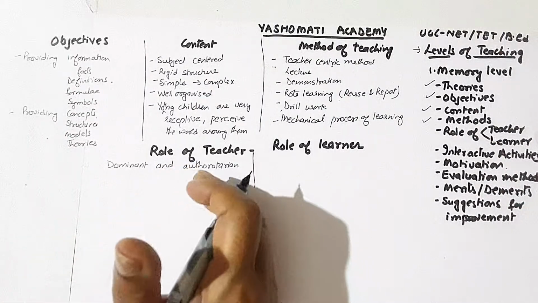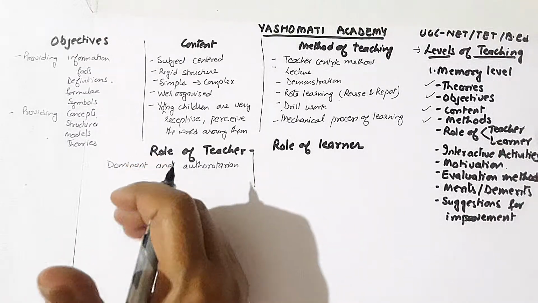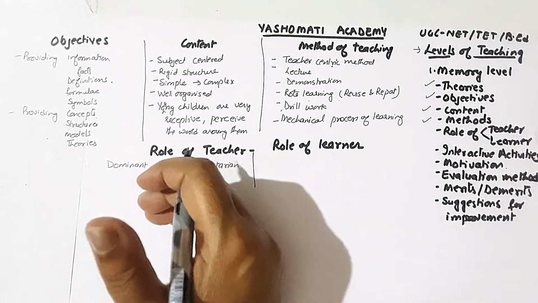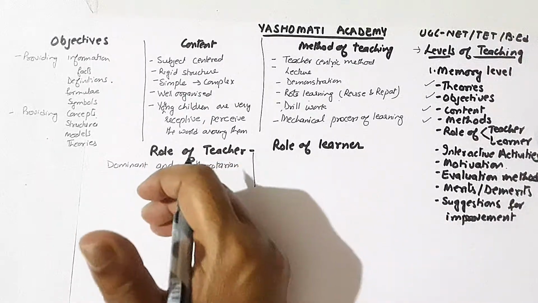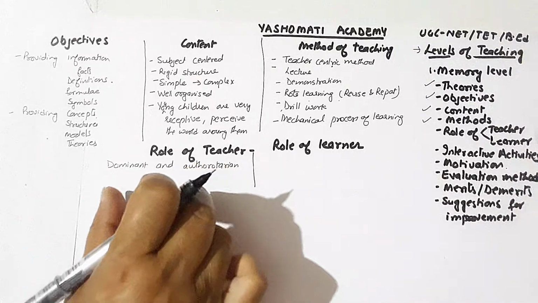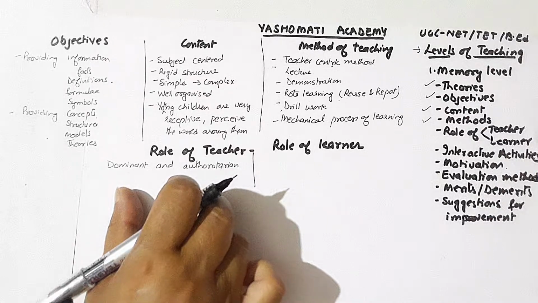So here we see that a teacher needs to be much more mature as compared to the learner, not only in age but in experience or expertise too. So for being dominant and authoritarian, the teacher has to be a body of knowledge.